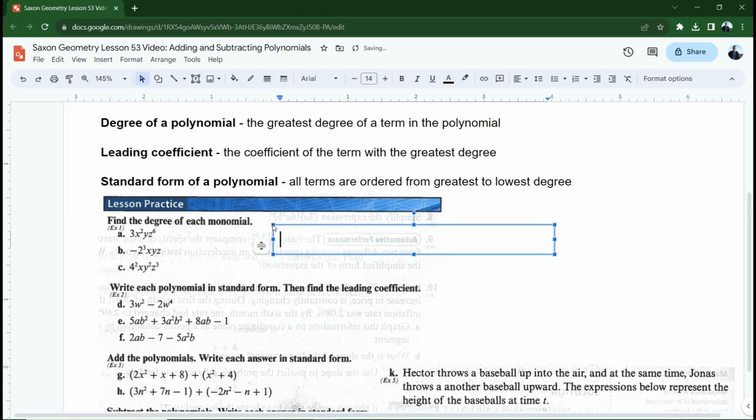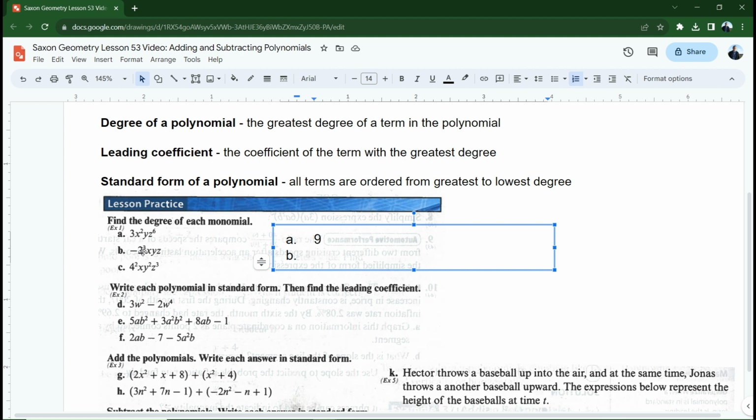All right, so let's do letter A. For letter A, we have to add together the exponents of the variables. 2 plus 1 plus 6. This has a degree of 9. Letter B, this monomial, 2 to the third. I do not care about the exponent of the constant.